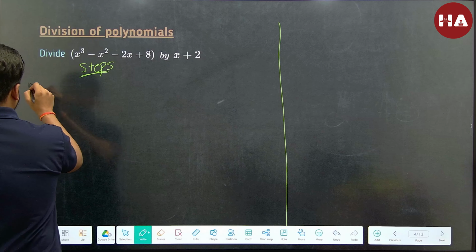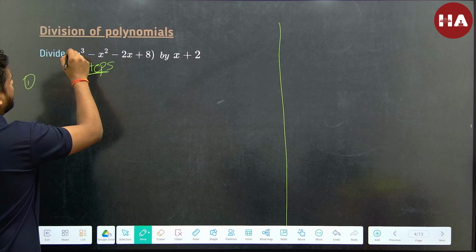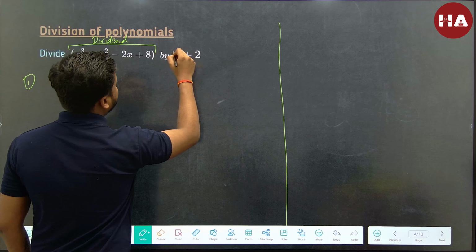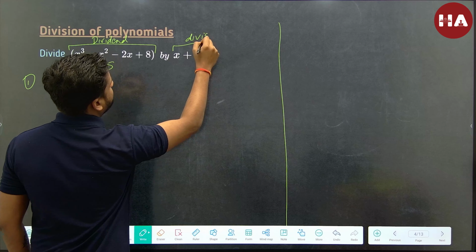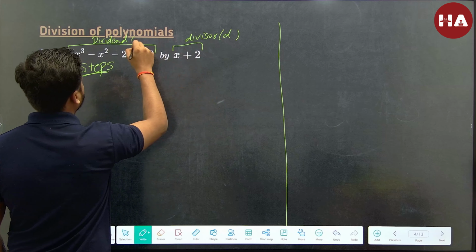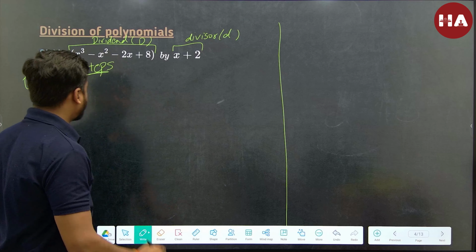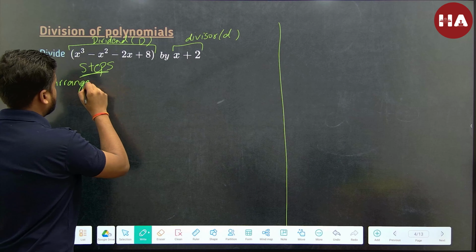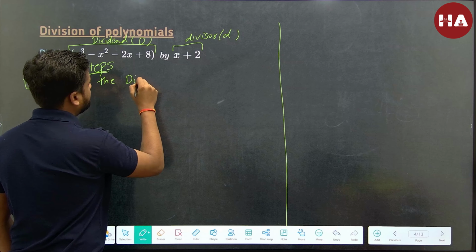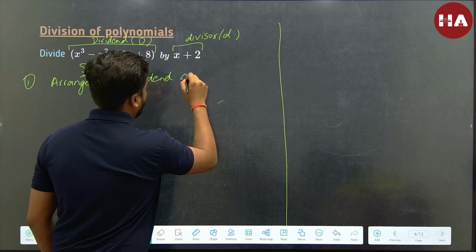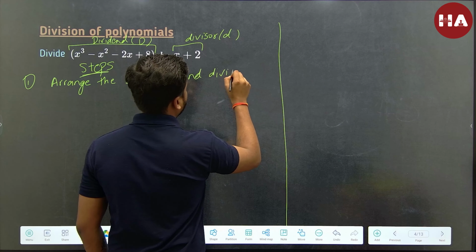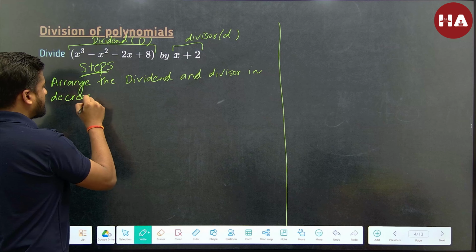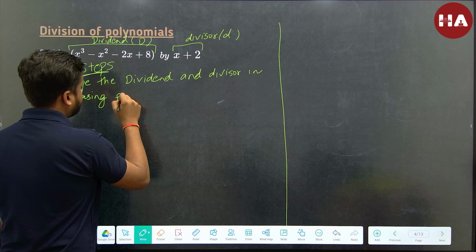Now step 1. We all know that this thing is known as dividend and this thing is known as divisor, small d, and this one we represent by, let's say, capital D. So arrange the dividend and divisor in decreasing powers.